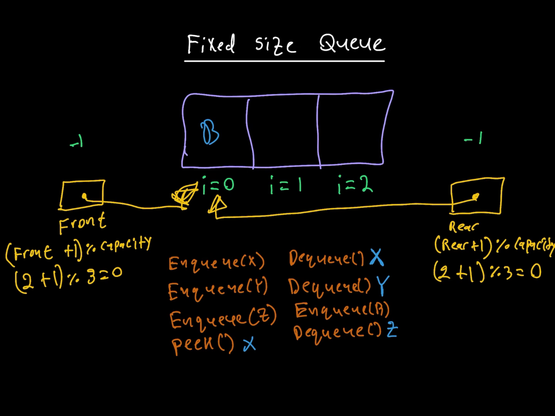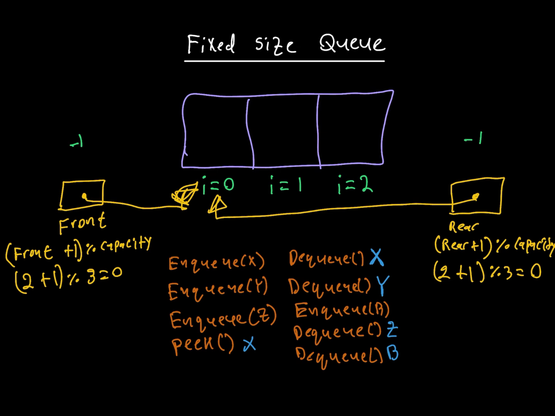And let's do one more DQ. If you did DQ, you would go to front, right? You would see that it's pointing at index 0, temporarily store what it's pointing at, B, clear it out.